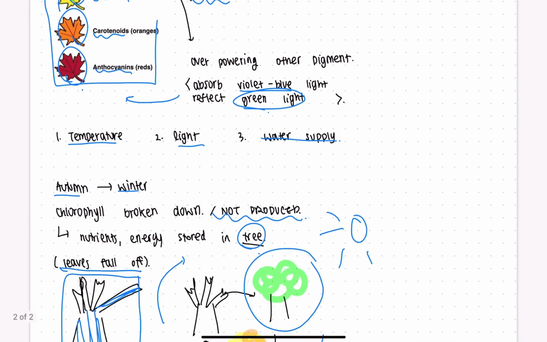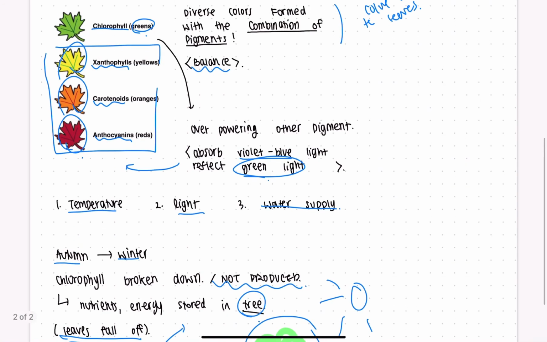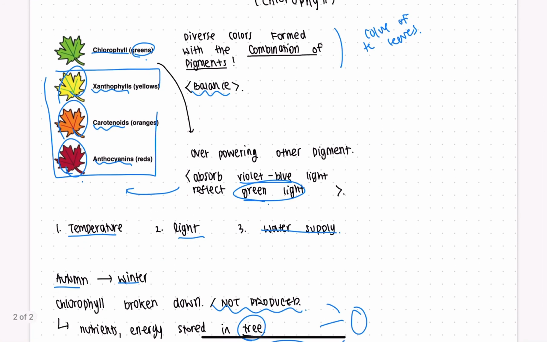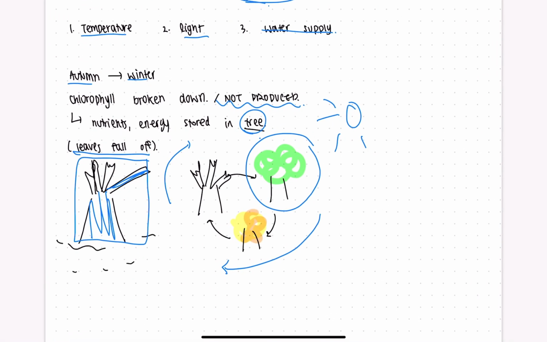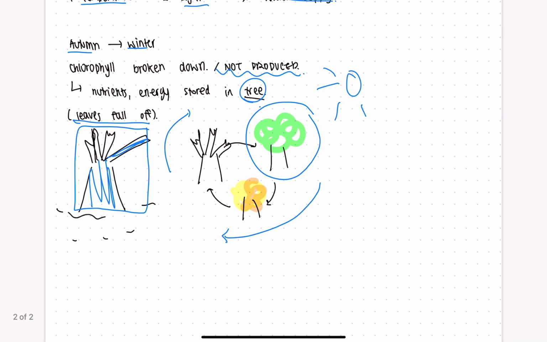We have explored the idea that temperature, light, and water supply directly affect the color of the leaves, and also how and when the leaves fall off. And lastly, we have explored how this cycle continues over the seasons.